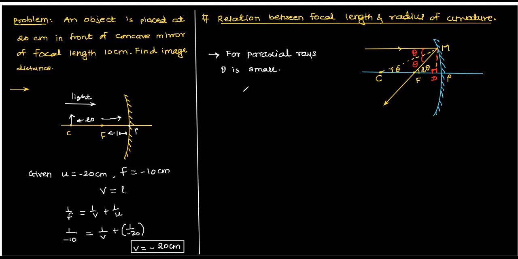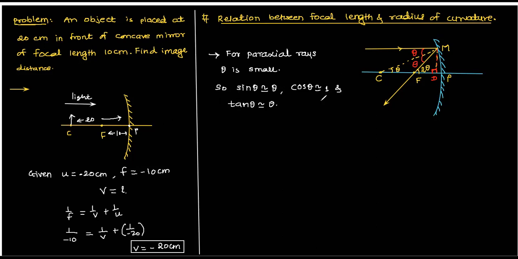So for paraxial rays theta is very small, and therefore sine of theta is nearly equal to theta, cos of theta is nearly equal to 1, and tan of theta is also nearly equal to theta. These are the conditions for paraxial rays.